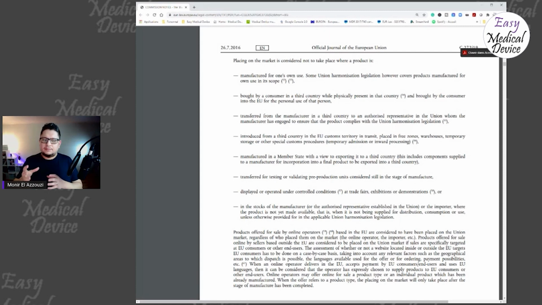If you think the manufacturer has made a significant change to his product, for example adding a new claim or a new feature, without changing the declaration of conformity or informing the notified body, maybe your contract mentions that any change should be reported. Then you can ask them, have you made any change? Are you sure? And if they have made a change, you have to stop distributing the product, because you are also responsible for what you are doing. At the end, you have to check that the product is compliant to be placed on the market.